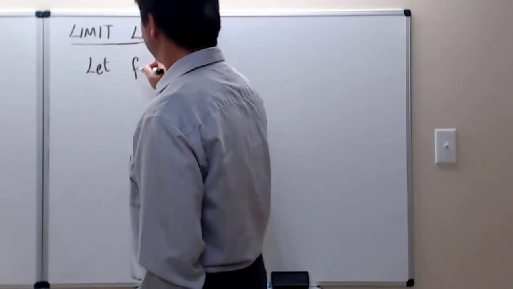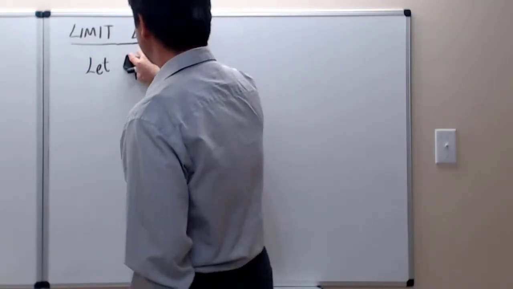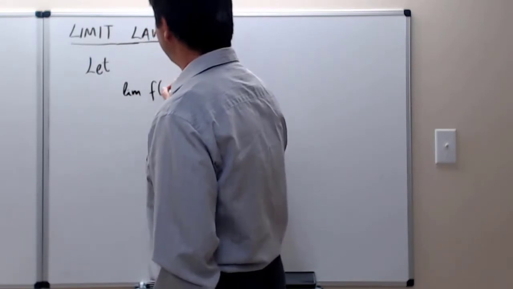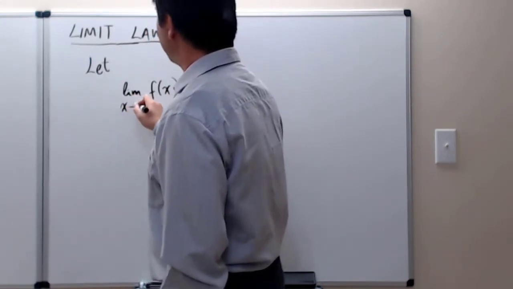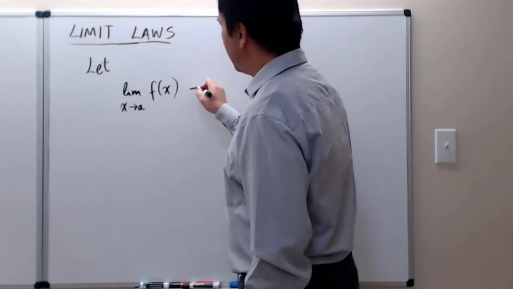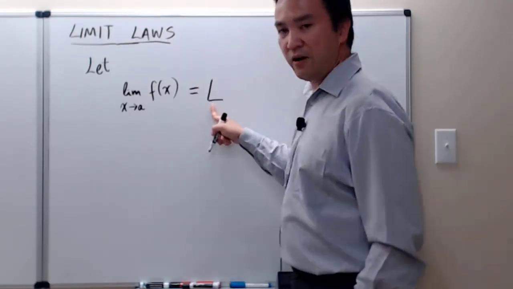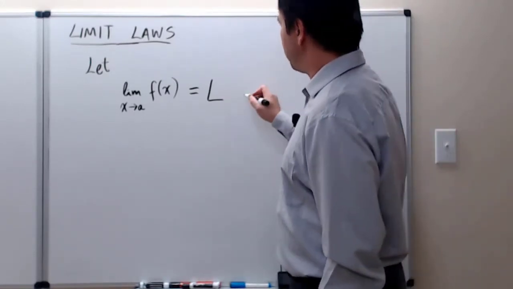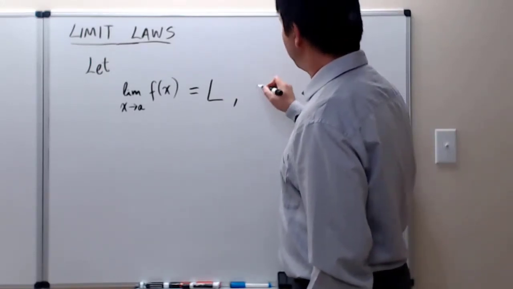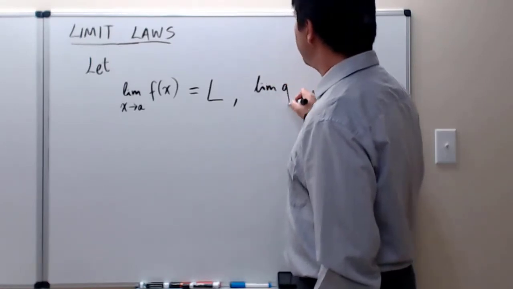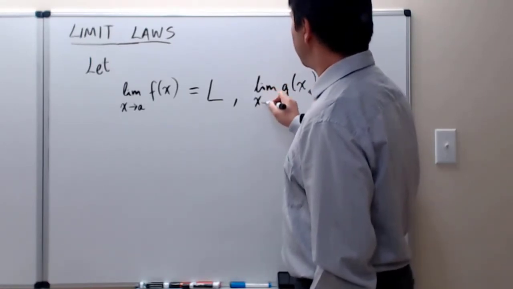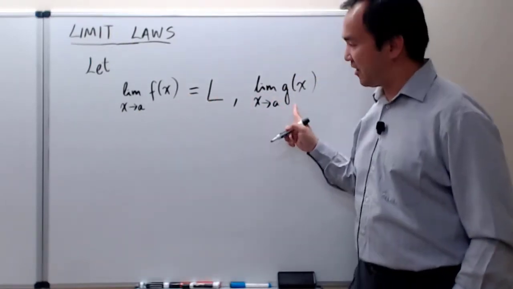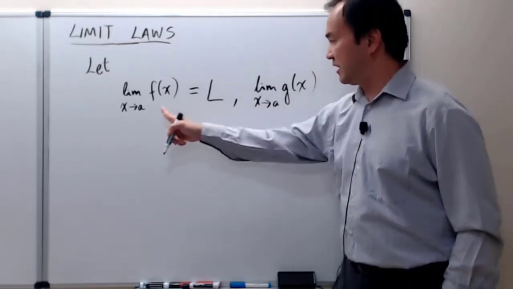Let the limit of our function f of x as x comes to a given limit point be a known and finite value L. These two functions f and g are given, and we are given specifically the limit point a.